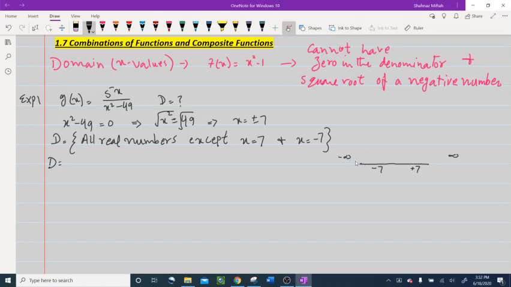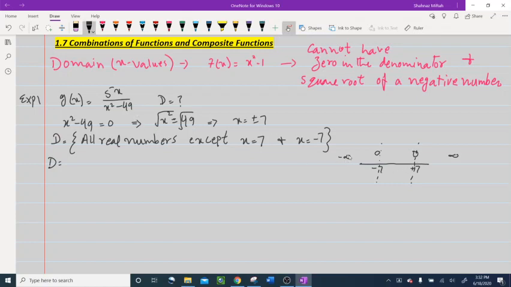If I have a graph, at negative 7 you either have a hole or a vertical asymptote. I don't know which right now, we will learn this in further videos, but either I have a hole there or a vertical asymptote at negative 7, because these two are the ones that don't work for the function as a domain.